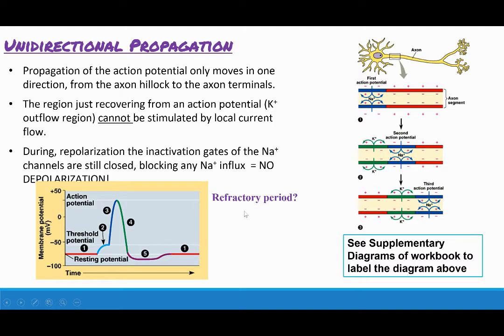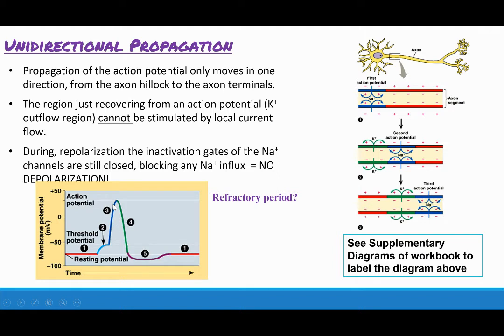Again, I talked about this in the last screencast in terms of what a refractory period is. The refractory period is the time it takes for the neuron to get back to resting membrane potential, which, if you recall, is high sodium ion concentration on the outside, high potassium ion concentration on the inside.